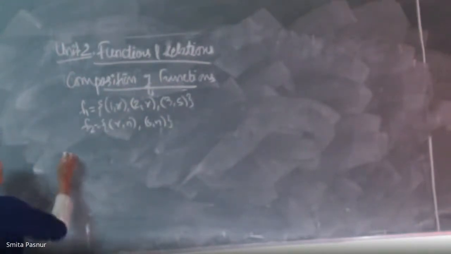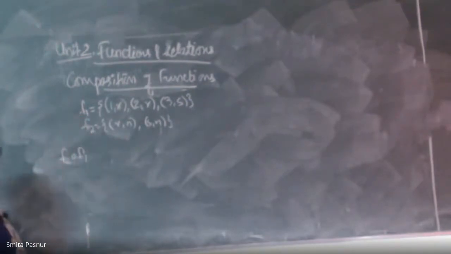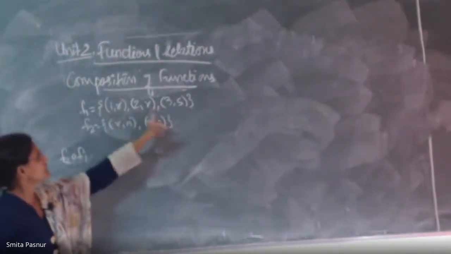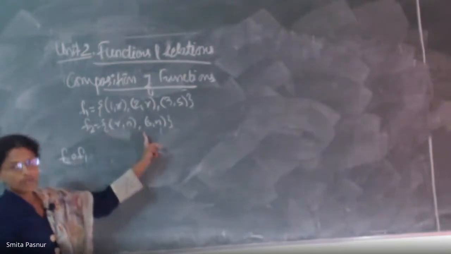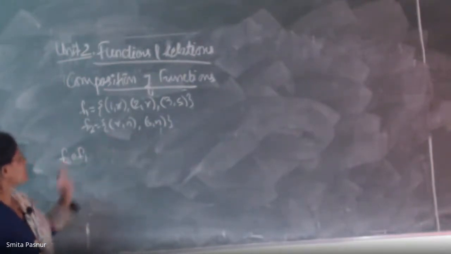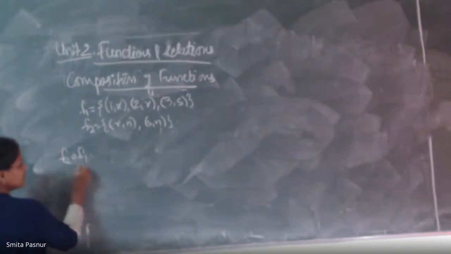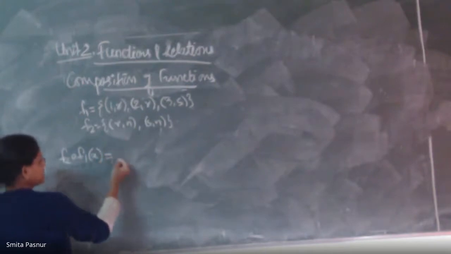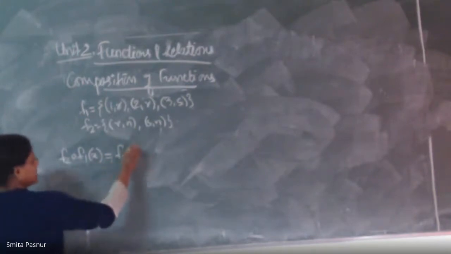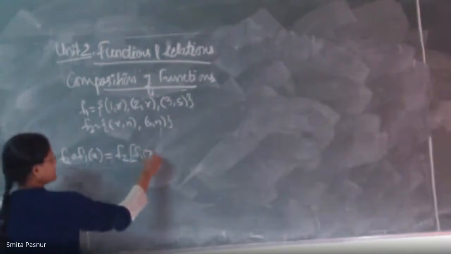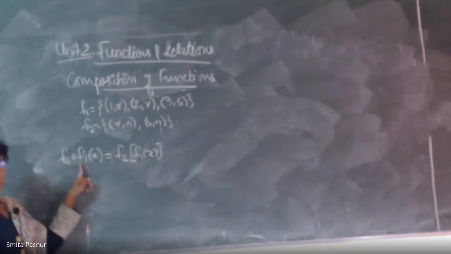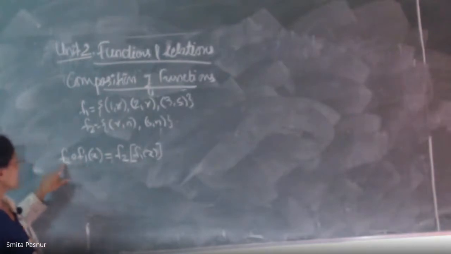Now we have to find F2 composition F1. Two functions are given here, F1 and F2. F1's relation is given here, F2's relation is given here. Then you have to find F2 composition F1. So how will you find it? You should write F2 composition F1 of X equals F2, and then in brackets write F1 of X, similarly to what I showed you just now. Here it was F composition G, if you look at what I wrote previously.